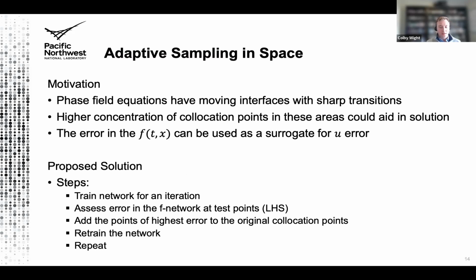We started by training the network for, say, an iteration, and then you can assess the error in this F network at test points randomly sampled across the domain. Then you can determine which points had the highest error there, and we could take a portion of those points and add those to the original collocation points, and then train the network, and this could be repeated at different steps.